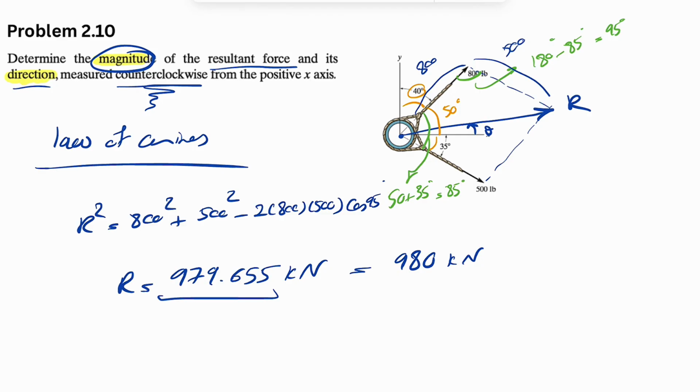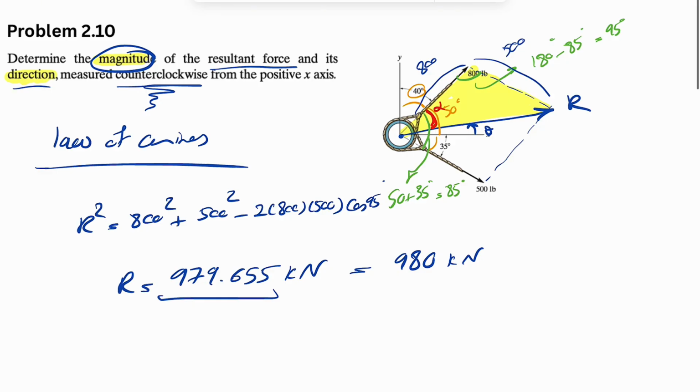For doing that, we find this angle here that I'm showing in red, which we can call alpha, from the triangle that we are considering for the law of sines and law of cosines. So in the yellow triangle, we used the law of cosines to find R, and now we need to figure out the angle alpha.